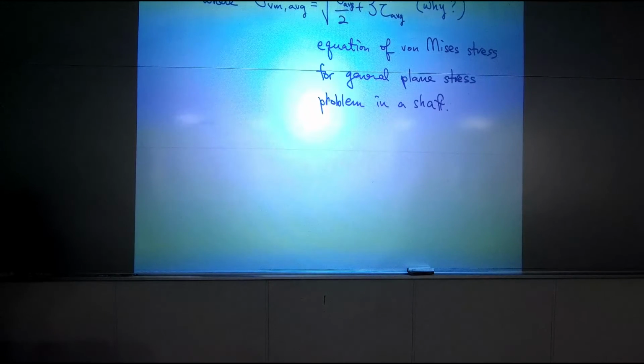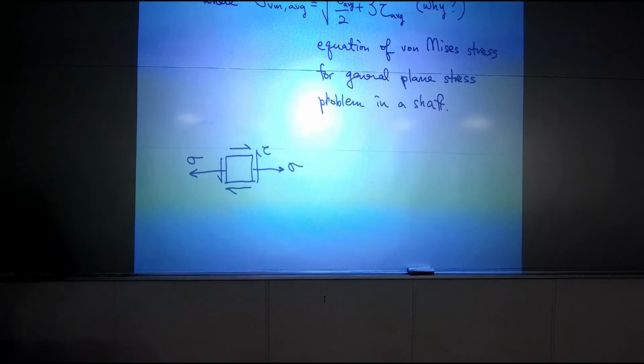So for a plane stress problem in a shaft, it looks like this. The load condition always looks like this. And the Mohr circle is going to be like this.